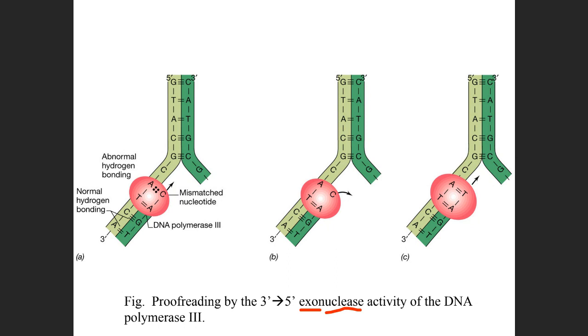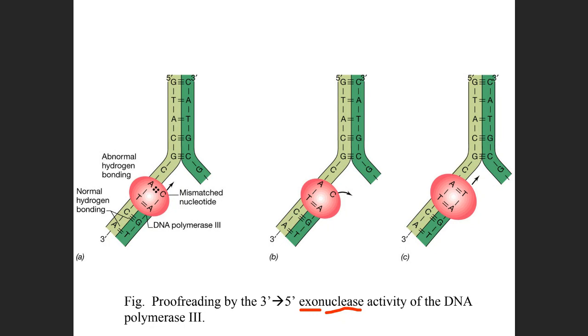Nuclease is an enzyme. Exo means from the end, from the outside, in contrast to endo. The exonuclease cuts from the end in one by one, while an endonuclease just cuts in the middle.